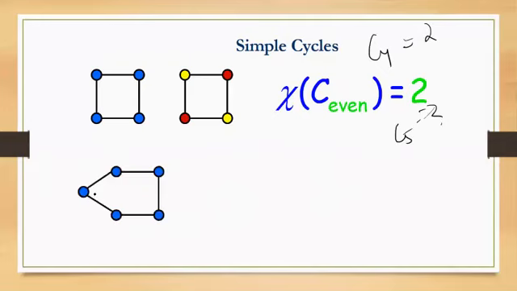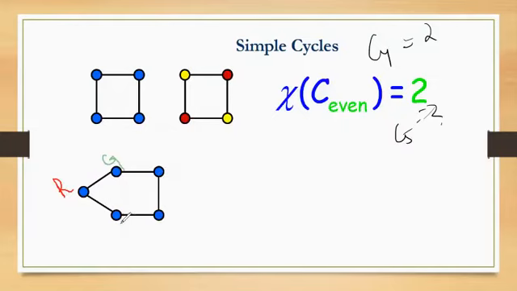This is a graph with C5. Now if I assign this vertex the red color, then the next vertex cannot be red, so I assign it green. Now this is green, this is red.